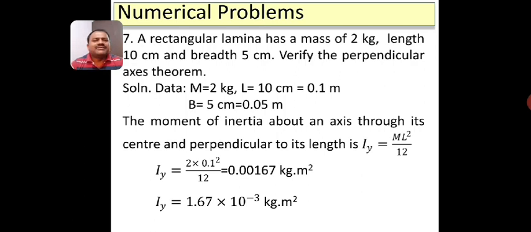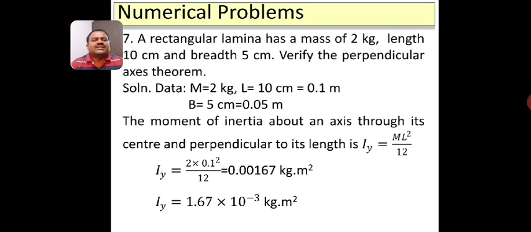So the data given here is m is equal to 2 kg, length is equal to 10 centimeter. If you convert that into meter, you will get it as 0.1 meter. Similarly, the breadth is given as 5 centimeter. In meters, it can be written as 0.05 meter.